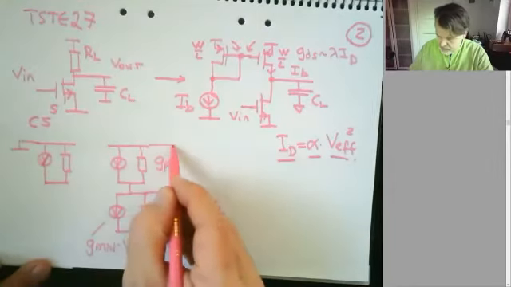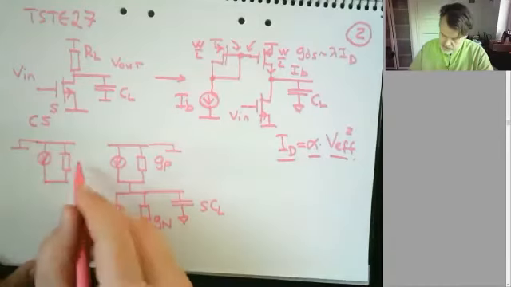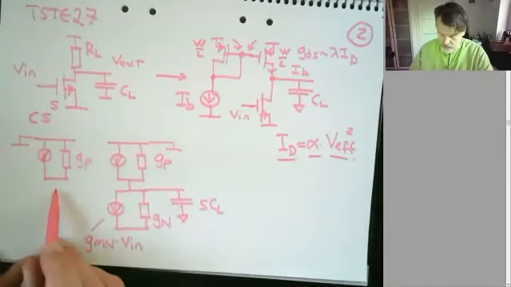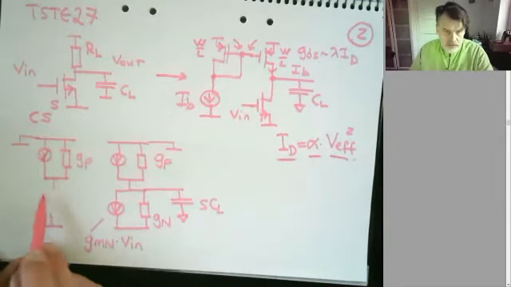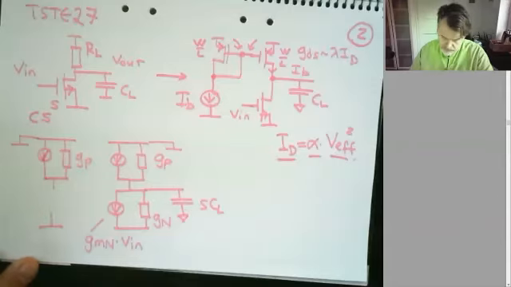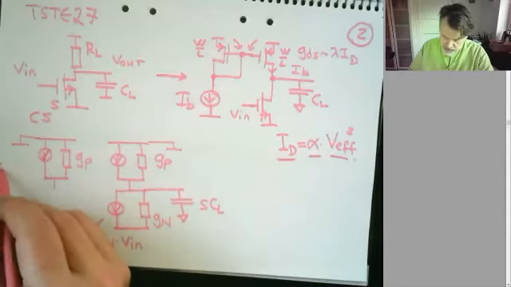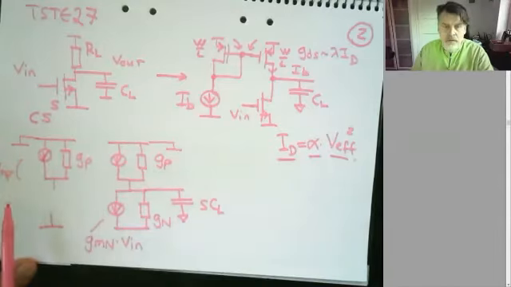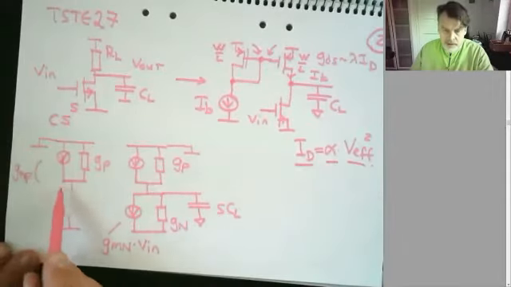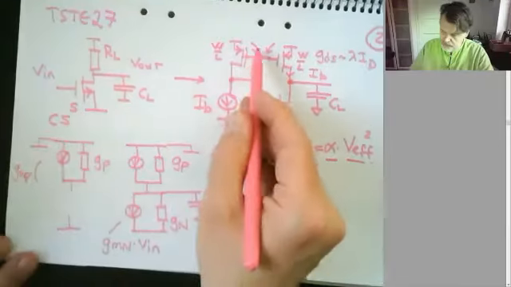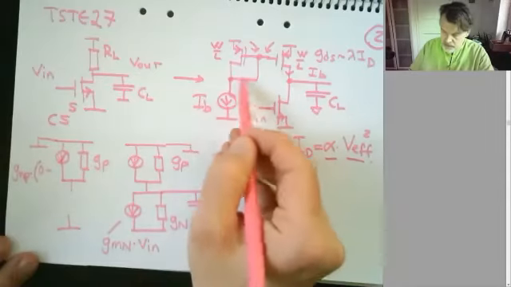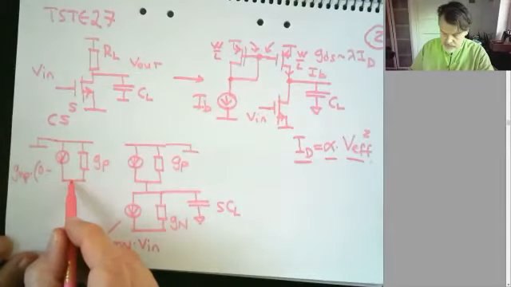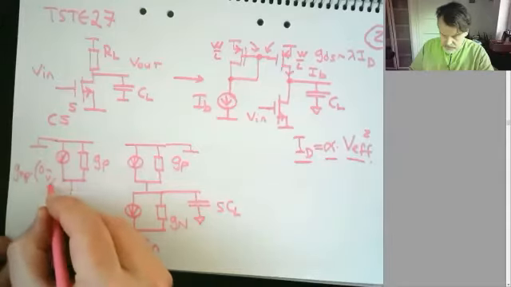This guy is grounded. This is also GP. There is no current source here because, small signal wise, the current source becomes an open circuit, so it disappears. This guy is GMP times this voltage swing here, which is 0 minus this voltage, which is this node, Vx.